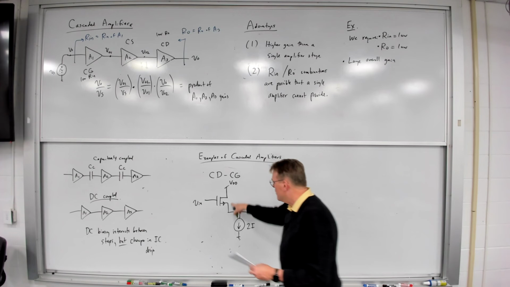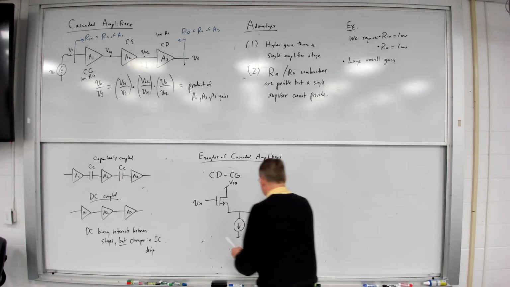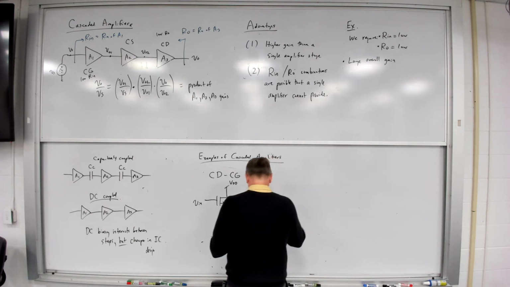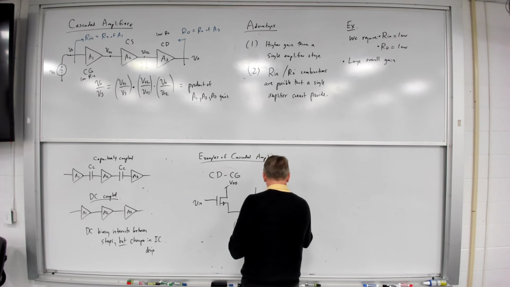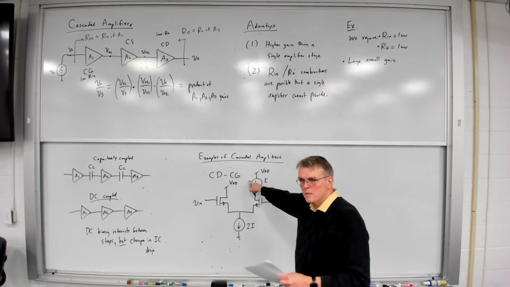I'm taking my output at the source of the first transistor, and then I just do this. I have a current source load.